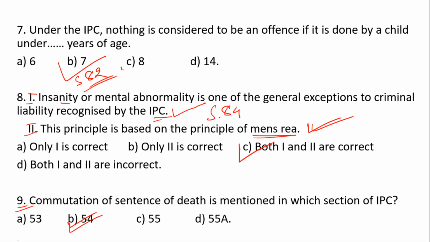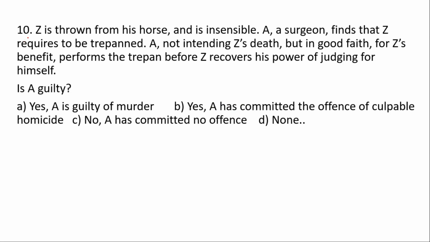Question number 10. Jed is thrown from his horse and is insensible. A sergeant finds that Jed requires to be trepanned and, not intending Jed's death but in good faith for Jed's benefit, performs the trepan before Jed recovers his power of judging for himself. Is A guilty?